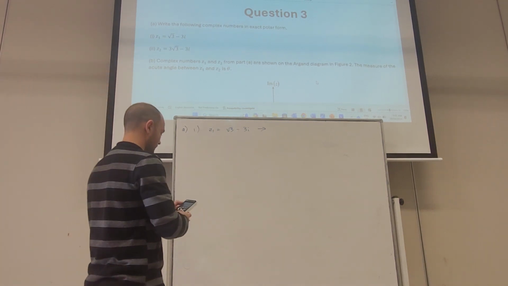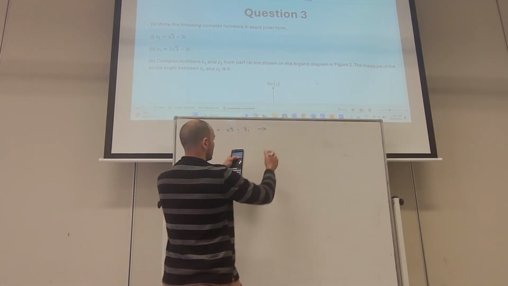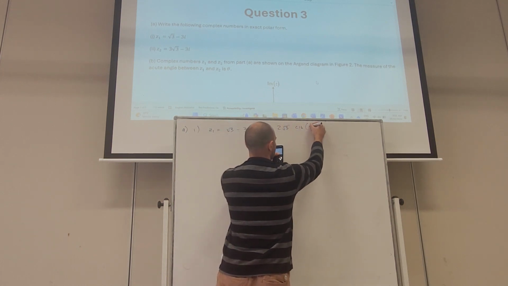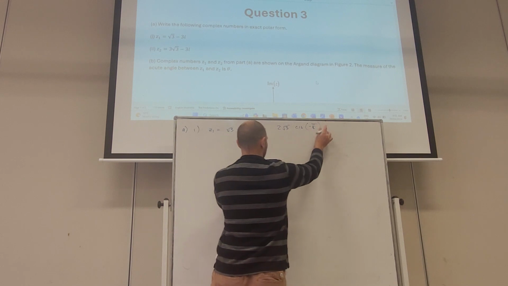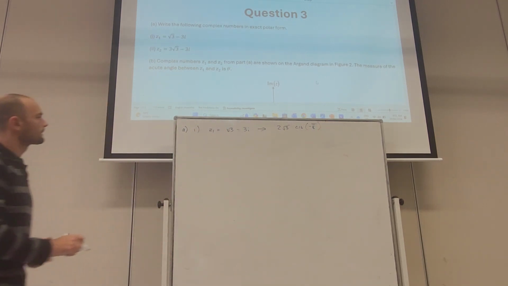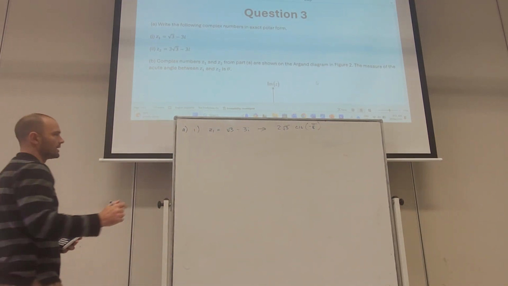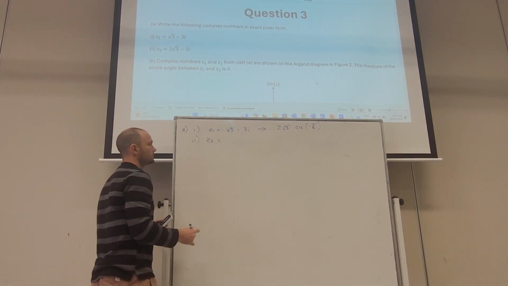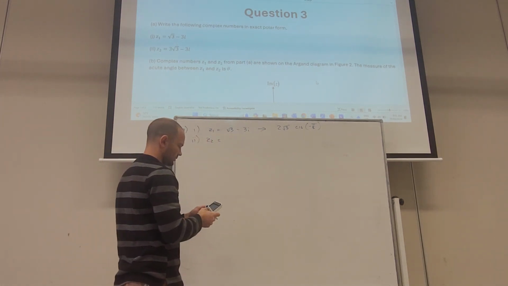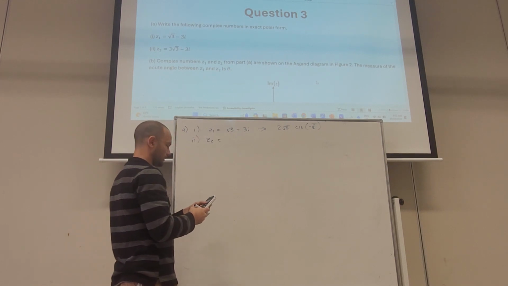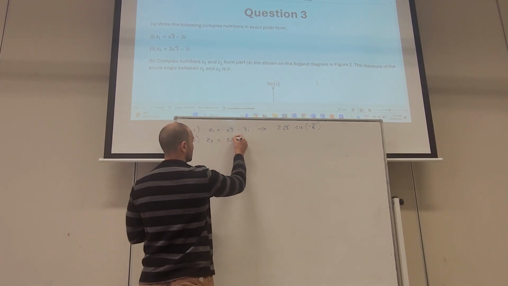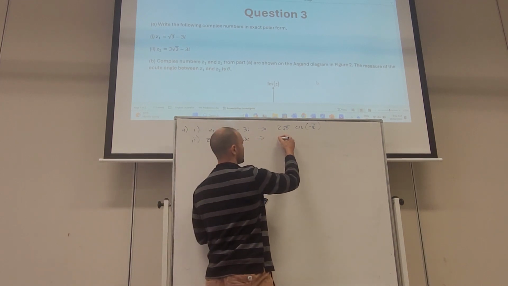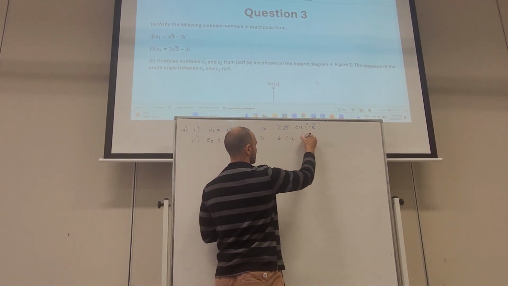Root 3 take 3i, we've got 2 root 3 cis of minus pi on 3. Make sure you remember how to do that in your calculator. And then Z2 is 3 root 3 take 3i. It goes to 6 cis of minus pi on 6.